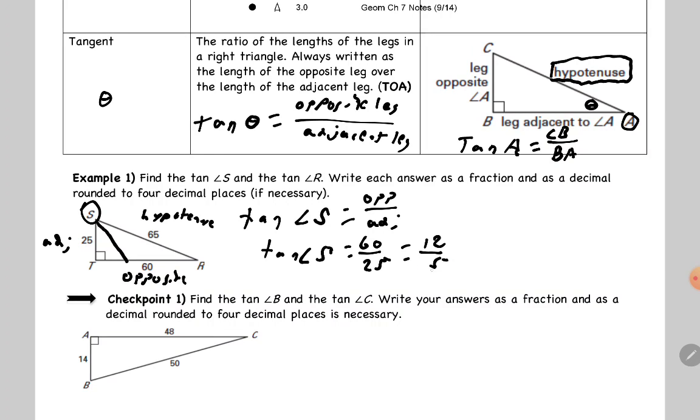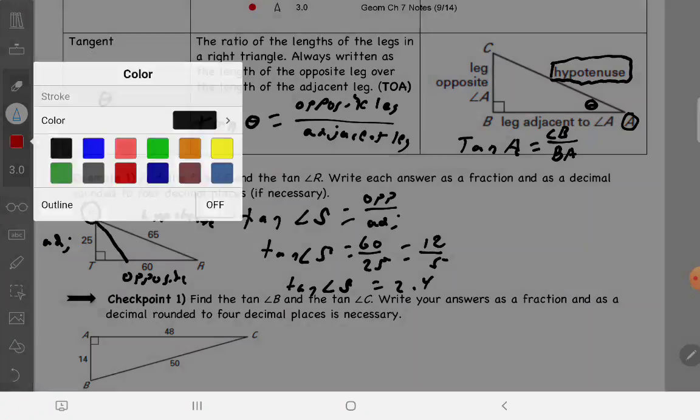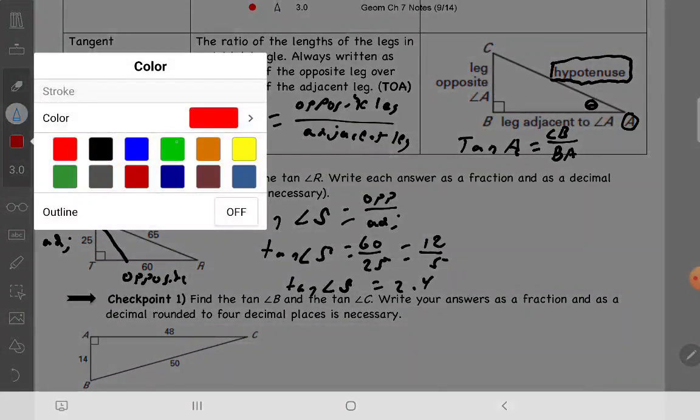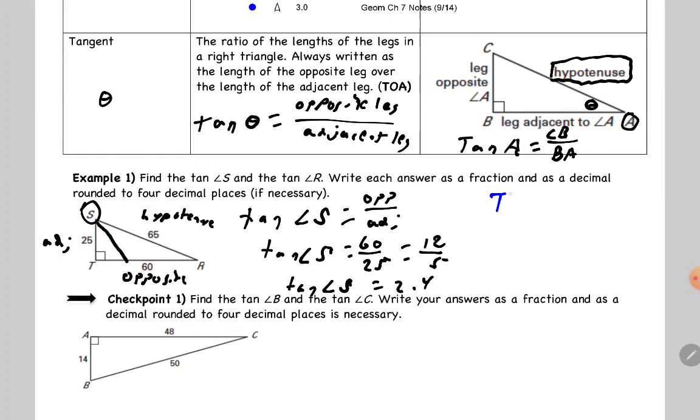And as a decimal, the tangent of angle S is 2.4. So let's do tangent of R. I'm going to do it in a different color. Let's go blue. So tangent of R.